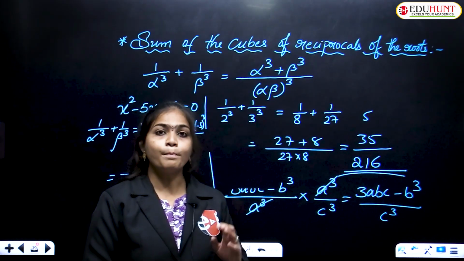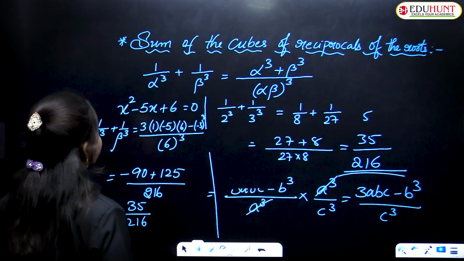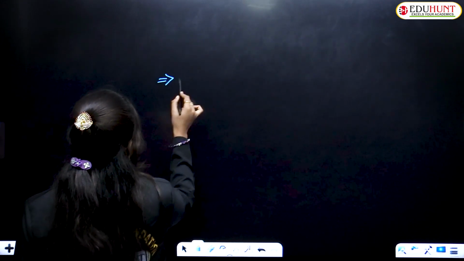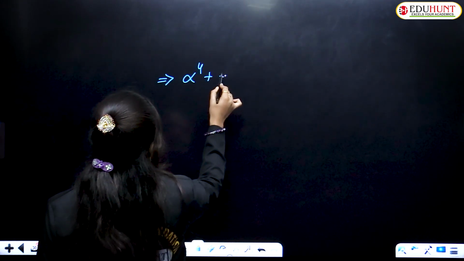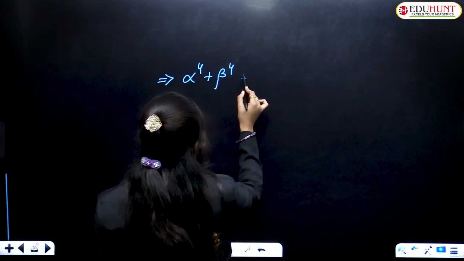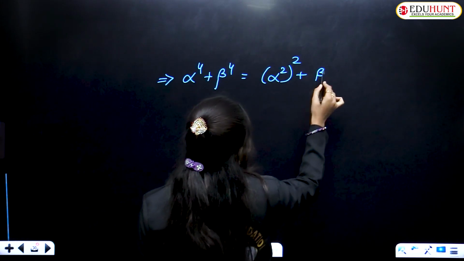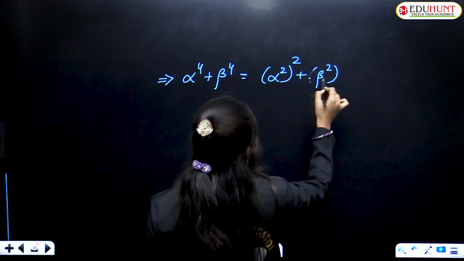Okay, next power 4. So power 4, how to simplify that? In a similar way, alpha power 4 plus beta power 4 value, how to write this one? Simply we can write this one as alpha square whole square plus beta square whole square.